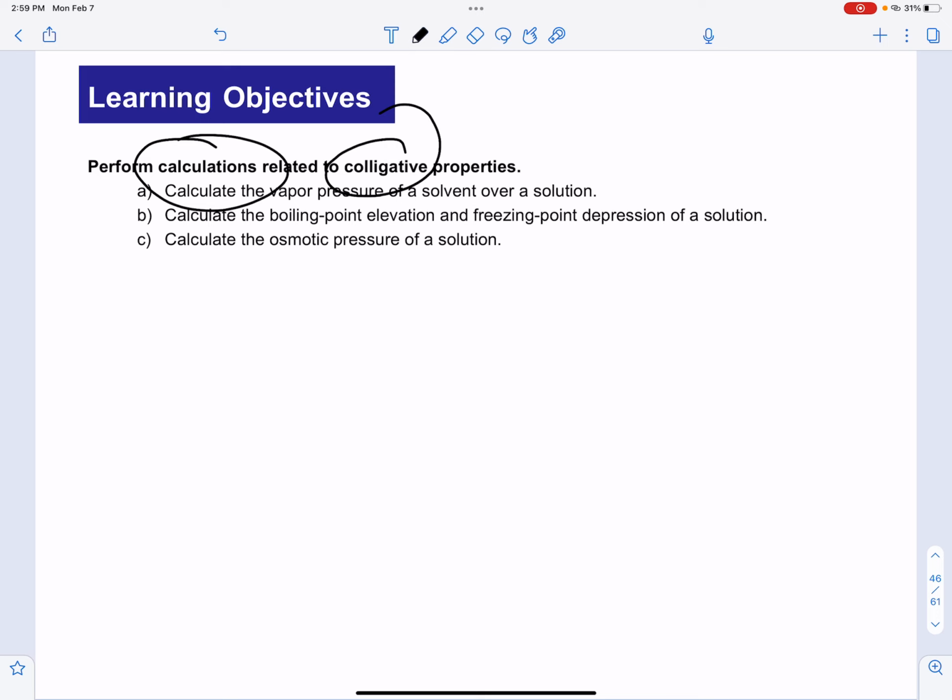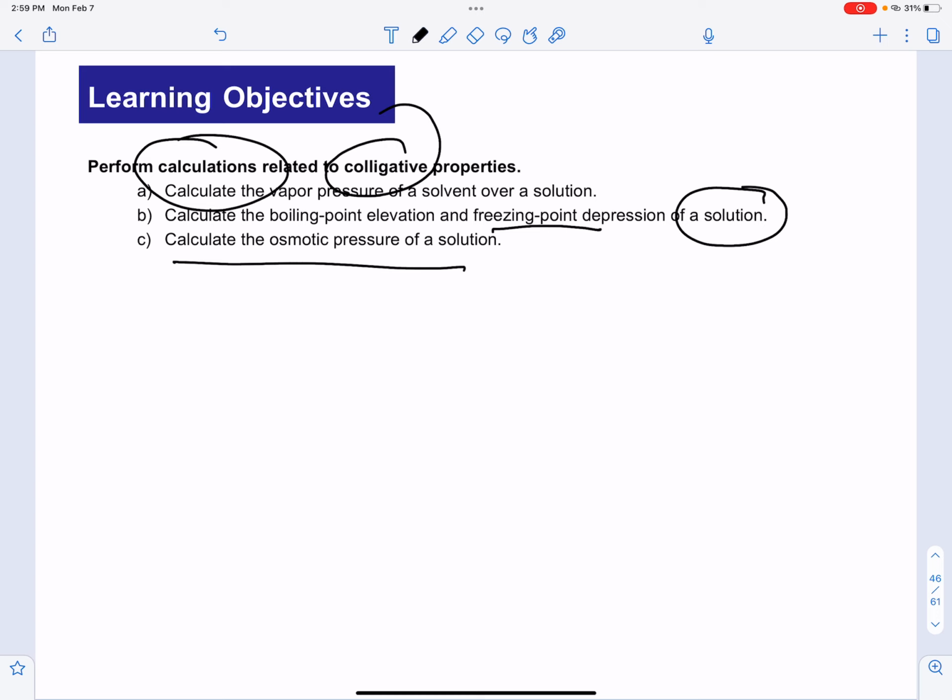The freezing point is going to be the opposite. If water freezes at 0 degrees Celsius, when you put a solute into it, it's going to freeze below 0 degrees Celsius. So it's a freezing point depression. So boiling point goes up, freezing point goes down when we're dealing with colligative properties of a homogeneous mixture, of a solution. And we can calculate the osmotic pressure.